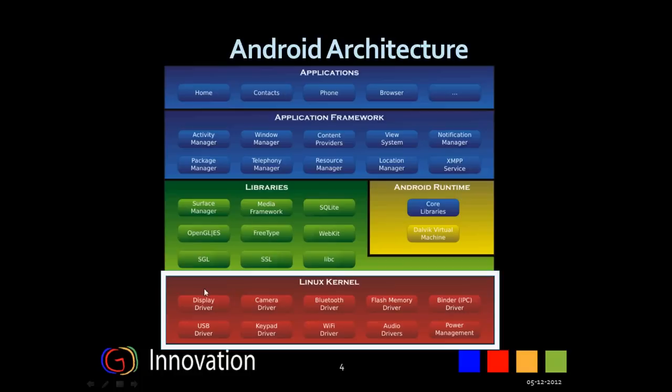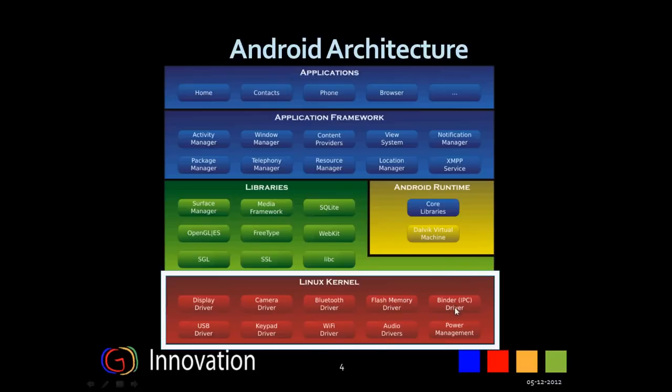As you can see here, all the drivers, the display driver, camera driver, Bluetooth driver, flash memory driver, USB, keypad, Wi-Fi, and audio, all these drivers which are interacting with the hardware are part of the Linux kernel. And for all the hardware communication, Android uses this Linux kernel.